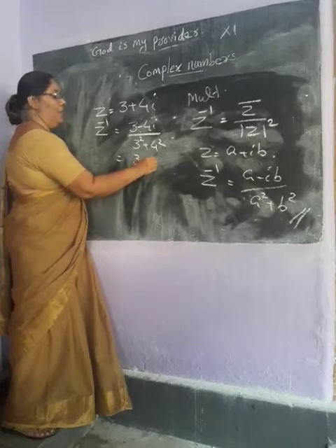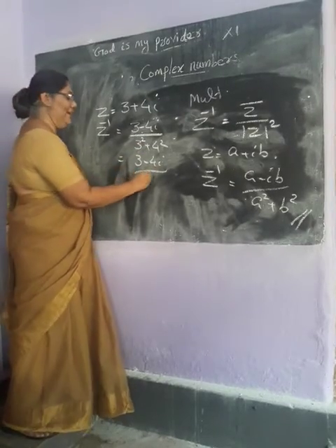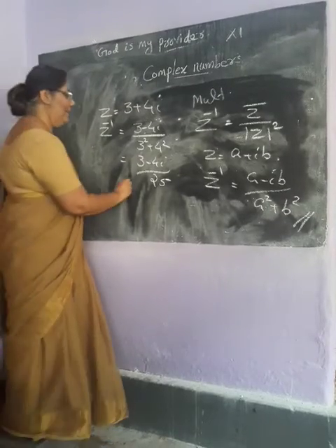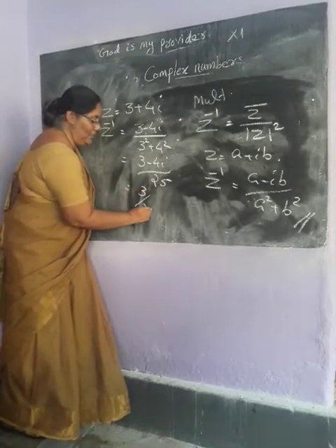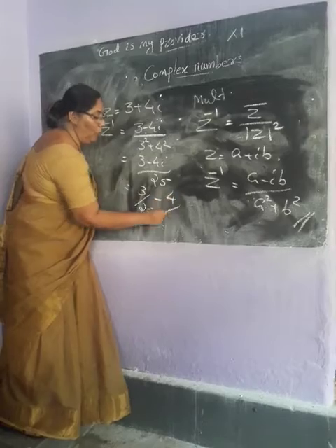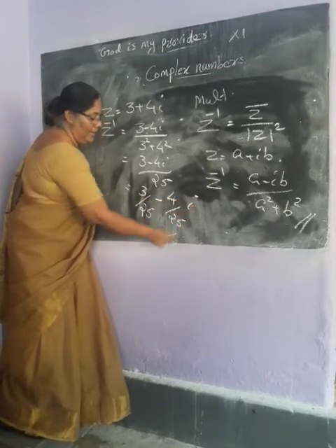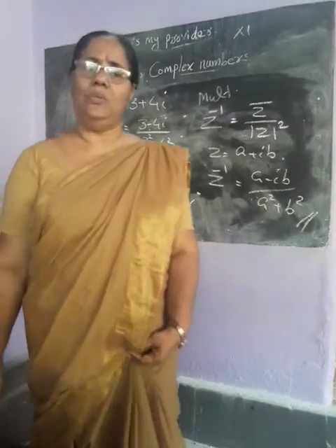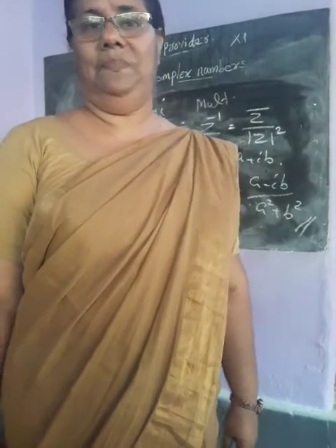We know that 3 square plus 4 square is 25. Now, separate: 3 by 25 minus 4 by 25 i is the final answer. One more thing, here you can use the calculator. Okay.